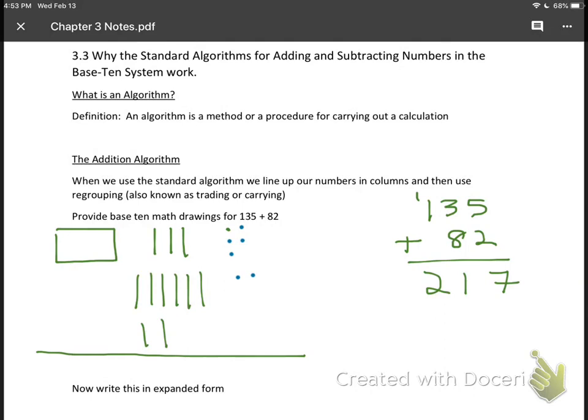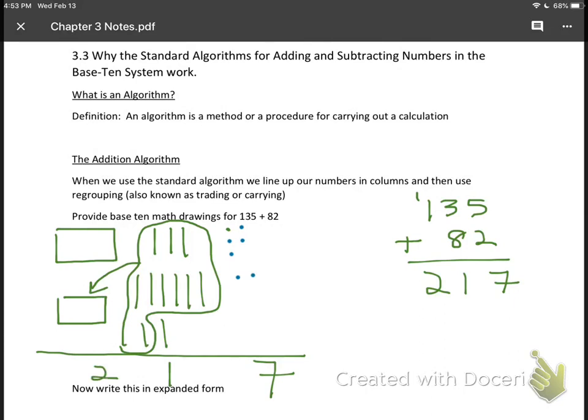Not enough to make a group of 10, so I write down my 7. Then I'm going to see how many 10s I have. I have 1, 2, 3, 4, 5, 6, 7, 8, 9, 10. So here is a new group of 10. That's going to come over and become another group of 100. So all I have left is 1 10. I now have 2 hundreds, and that matches up.